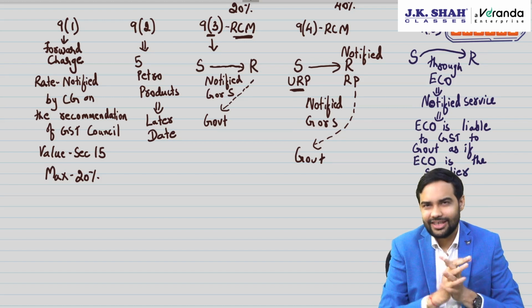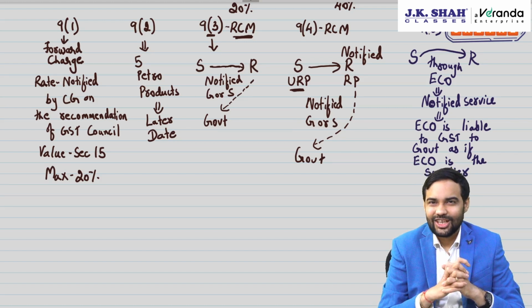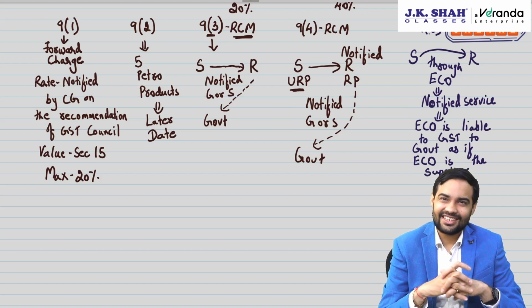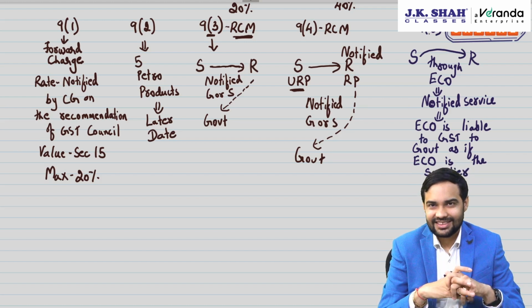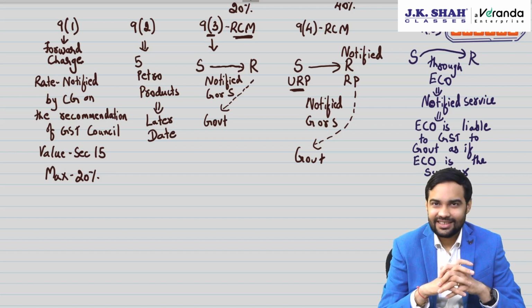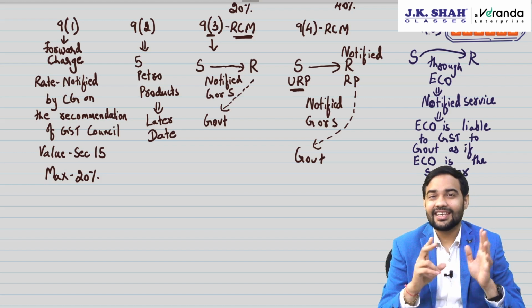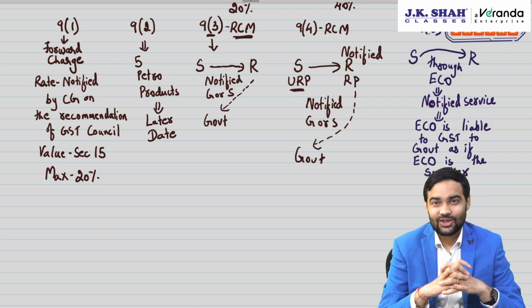Though we will discuss it in detail when we come to ECO, if you recall, 4 things are covered under 9.5. First one, transportation of passengers. The exclusion is omnibus by a company. Other than that, it is covered under 9.5. Then the second thing is restaurant service.